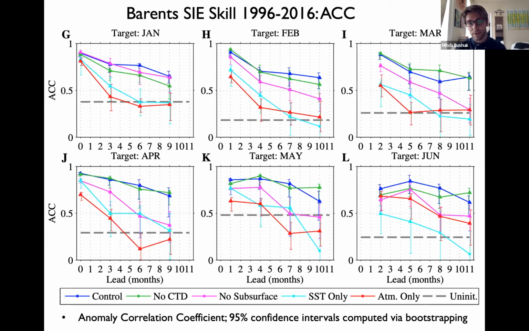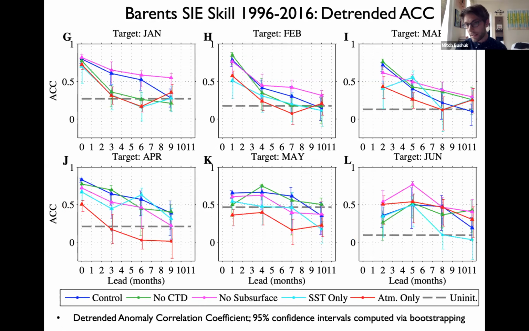One key point here, though, is that these ACCs are computed including the trend, which is a large contributor to the variability over this time period. So we can also look at a detrended ACC metric, where we've linearly detrended both the predicted and observed time series. And interestingly, it's very hard to pick a winner in this plot.